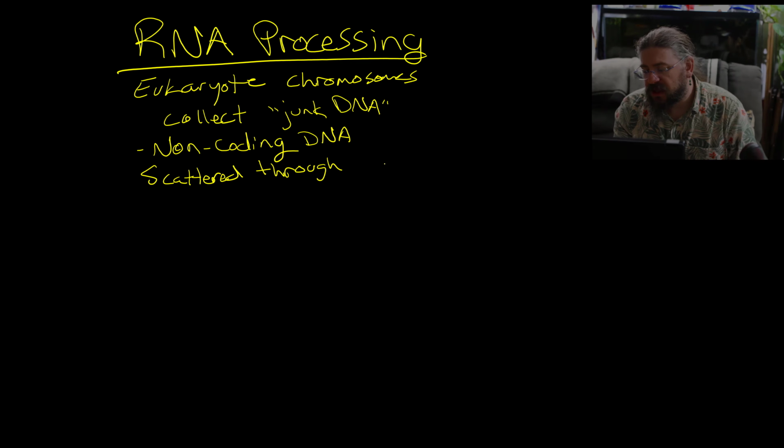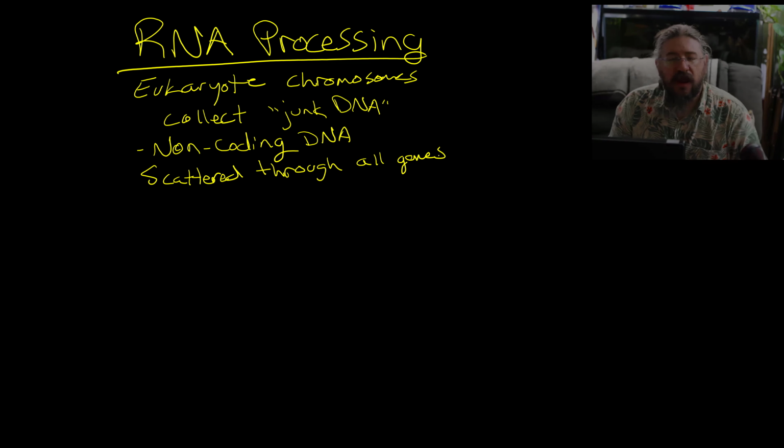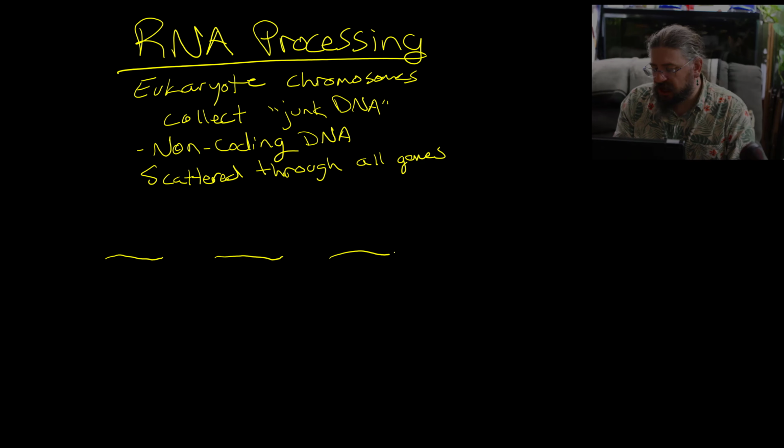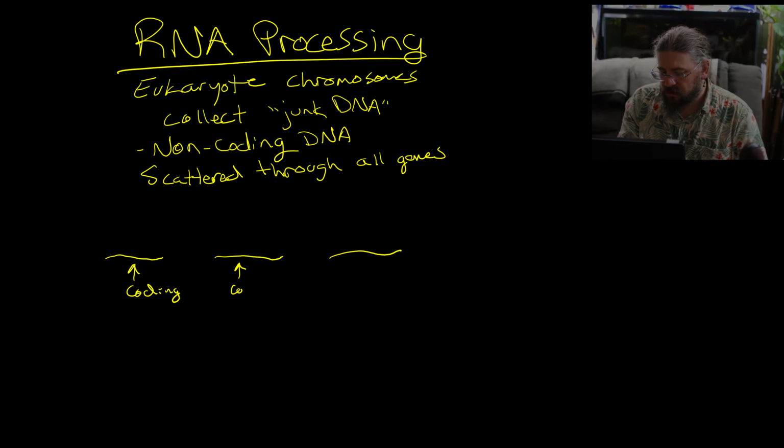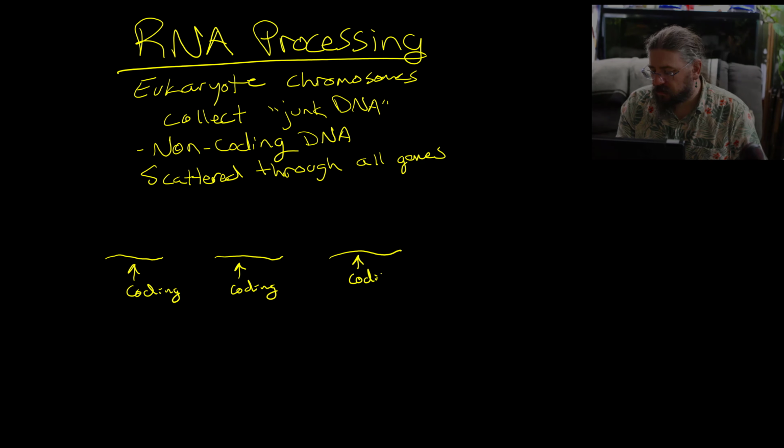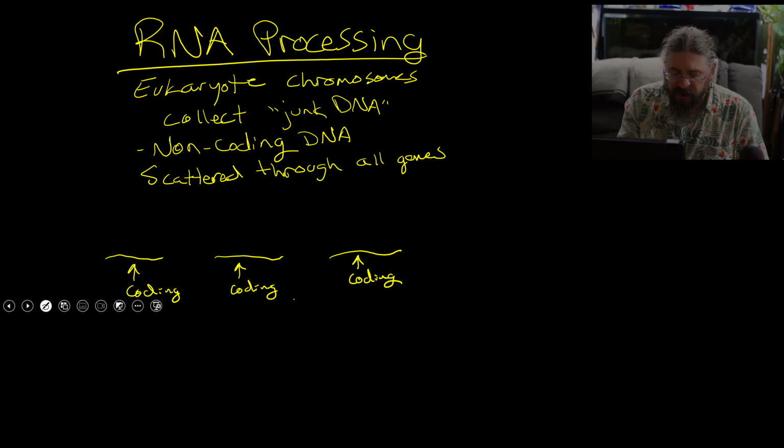So basically, if you look at an RNA transcript, you're going to have a bunch of coding regions and then interspersed amongst them are going to be non-coding regions.